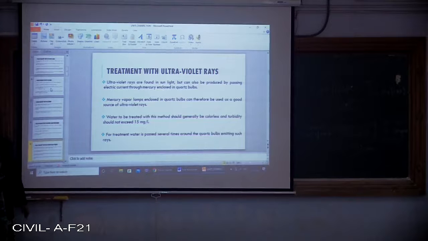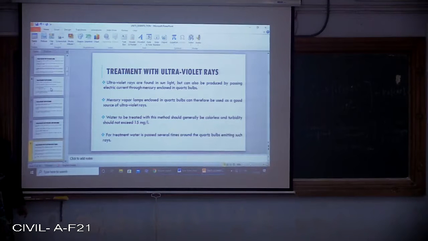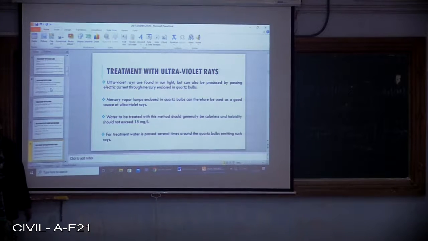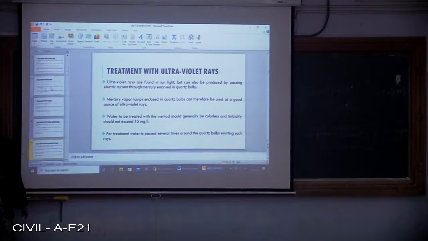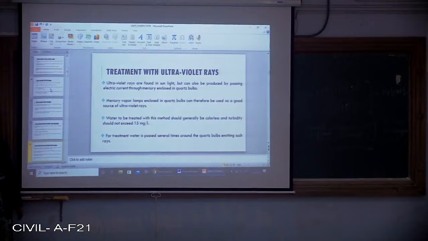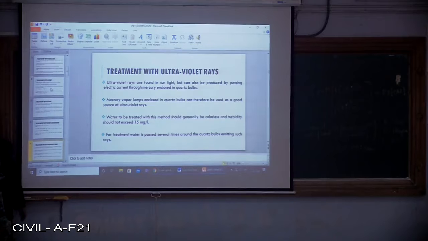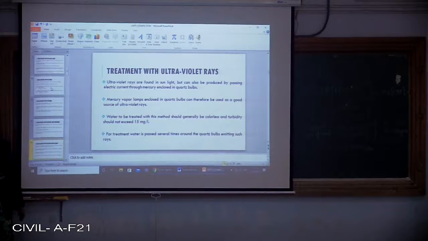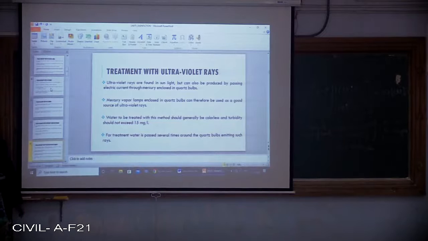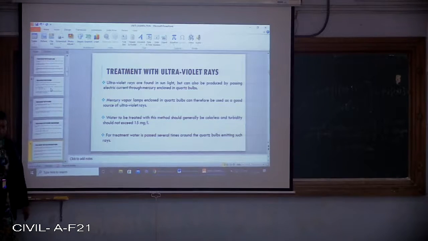So this can be artificially prepared. Mercury vapor lamps enclosed in quartz bulbs can therefore be used as a good source of ultraviolet rays.